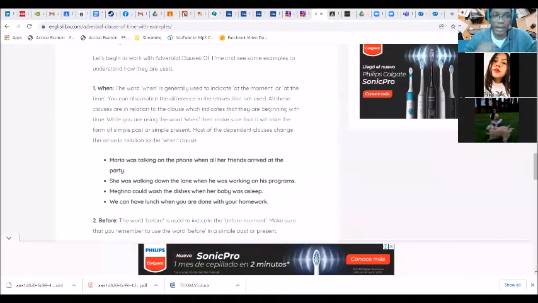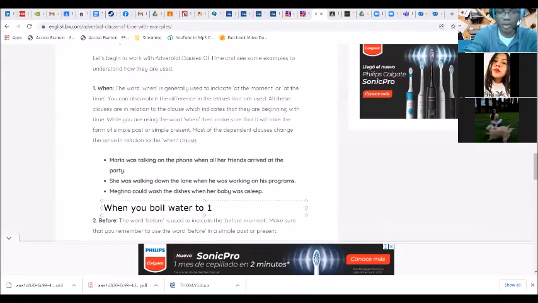All right. Now, when it comes to conditions, we also have one more form when we use when. This is called the first condition or cause and effect. And sentences in the first condition usually look like this. When you boil water to 100 degrees Celsius, it evaporates.